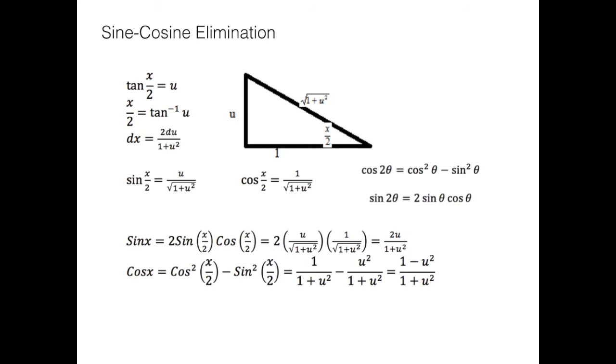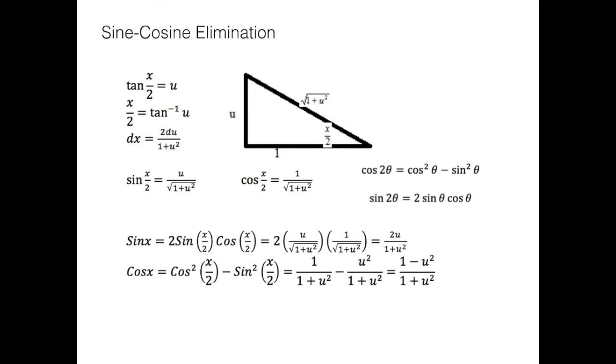So this is very interesting, the way that we found some alternate representations for sine and cosine in terms of u. But to be honest, we don't often see sine of x over 2 and cosine of x over 2 in our integrations. So is there a way to find these similar alternate representations, similar identities, but in a more practical way? Clearly, we need to find a way to find identities for sine of x and cosine of x.